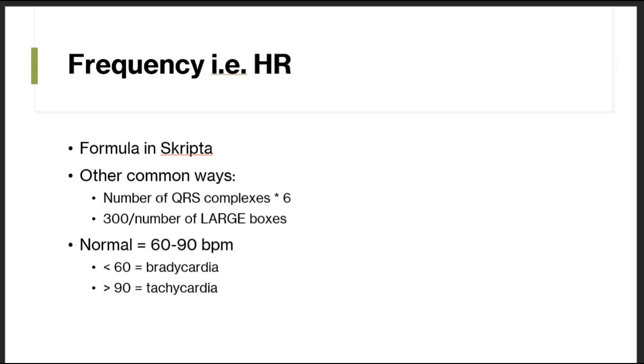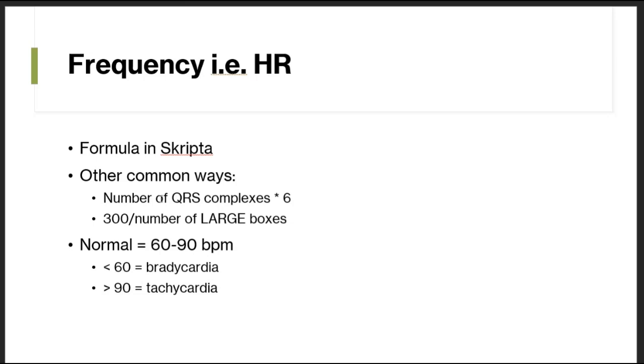Regarding the frequency, there's a formula that's provided in your script. I don't really remember what the formula is, and I don't think it's too important either, because the most common way to determine the heart rate is multiplying the number of QRS complexes by 6. So let's say you have 10 QRS complexes that you count on the ECG tracing.